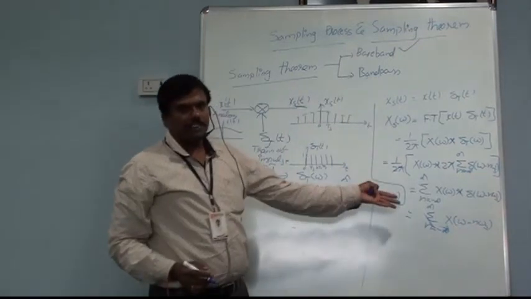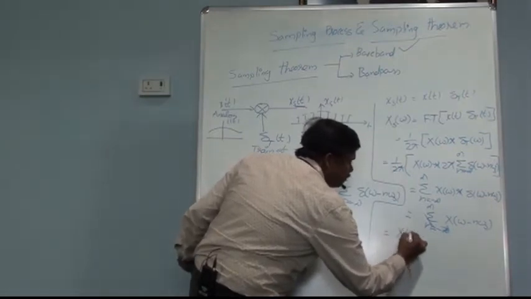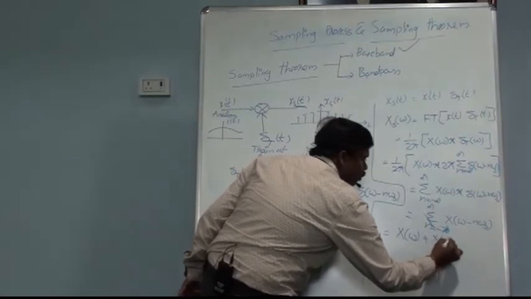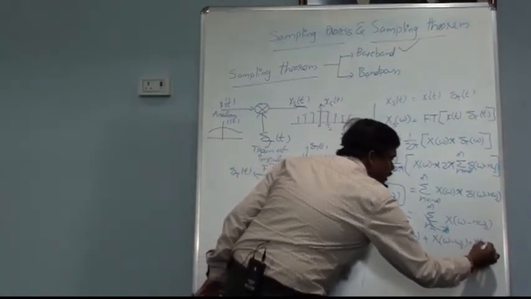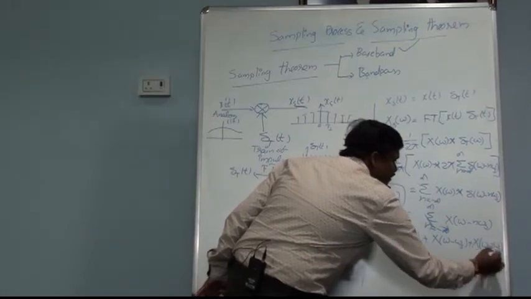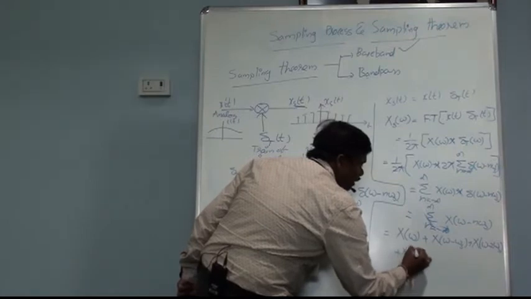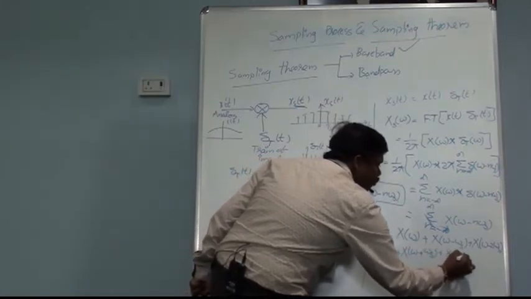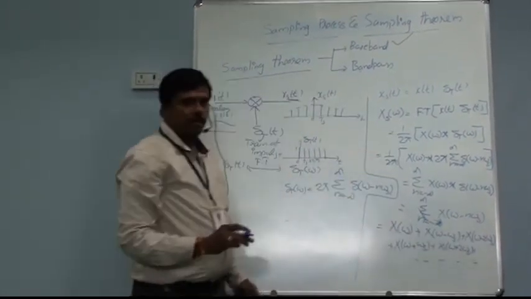If you substitute the different values for n, then we get X of omega plus X of omega minus omega s plus X of omega minus 2 omega s plus X of omega plus omega s, X of omega plus 2 omega s, and so on.